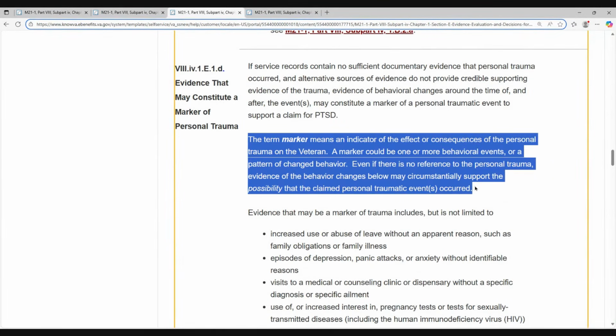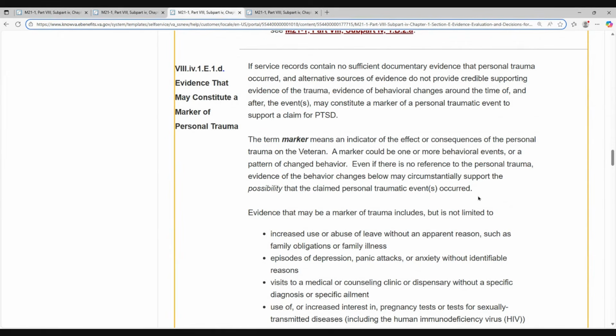And this is just some advice. I wouldn't just submit and say good luck everyone and let the VA sort out the markers. I might point out the markers if I were you, because you can start going, oh man, yeah, that didn't happen before the event.